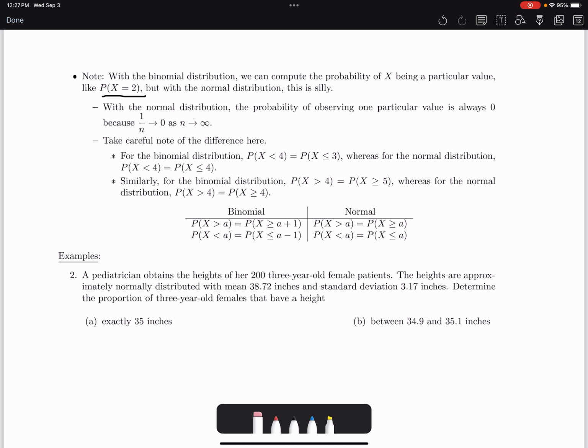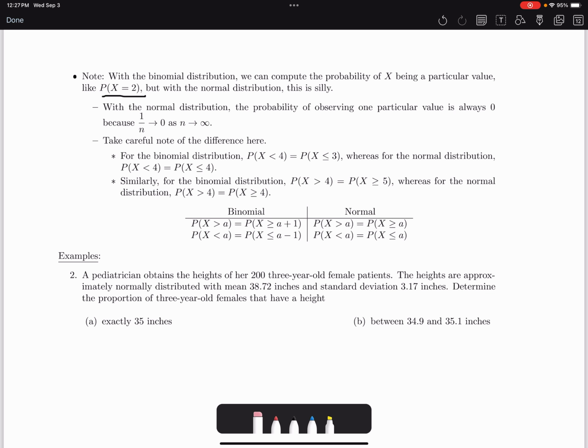So if you're looking for the probability that someone is exactly 63 inches tall, that probability is going to be 0, because with a continuous variable like height, you can always measure to any desired level of accuracy.